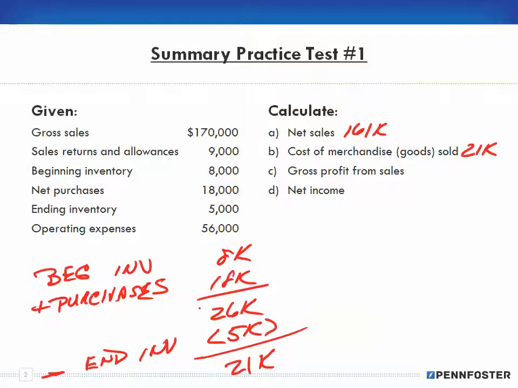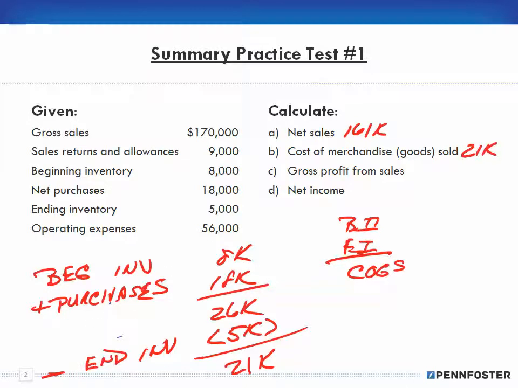Right? Now notice I had said we started out with just beginning inventory less ending inventory to get a cost of goods sold. Now, I went one step further and said we have to take into consideration purchases, so we added purchases to this formula. But it can get more complicated because why?